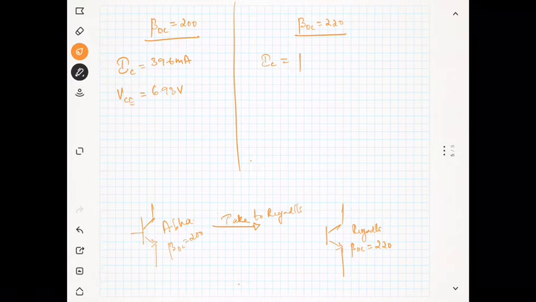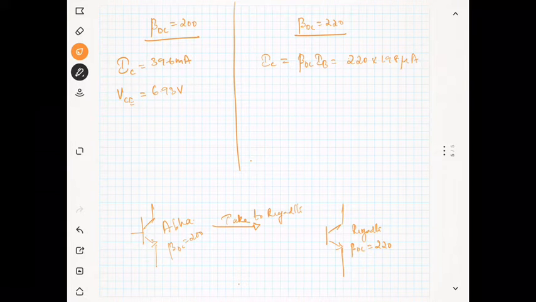So IC is beta DC times IB. Now instead of the old beta, we'll be using the new beta. So if you take the transistor to Riyadh during a hot climate, it is 220 into 198 microampere. Let me calculate this, 220 into 198.